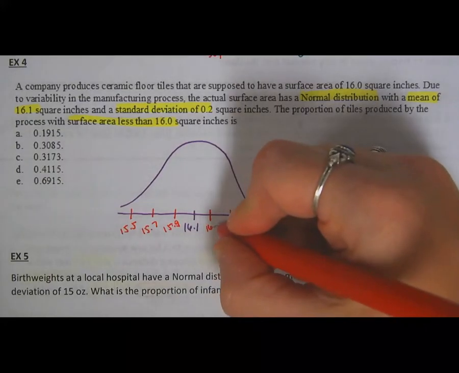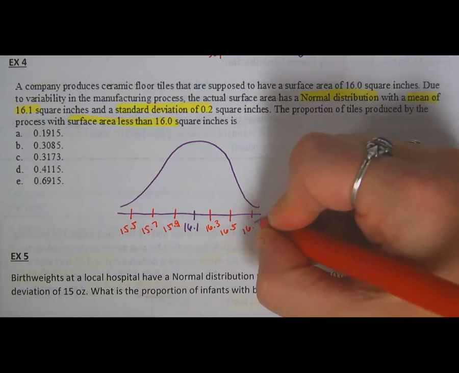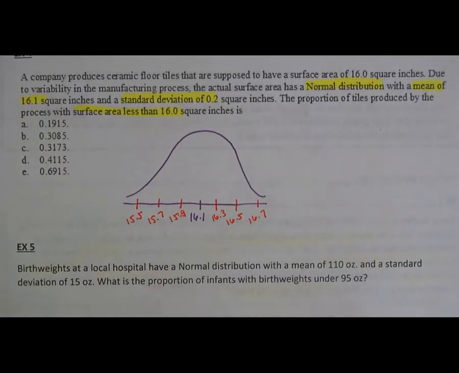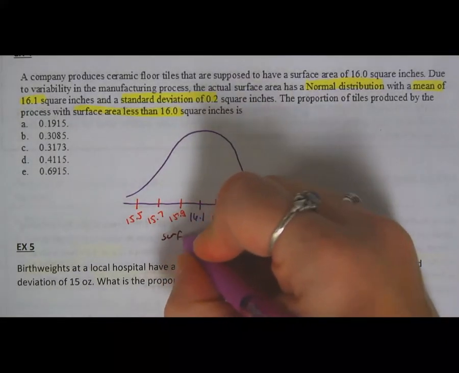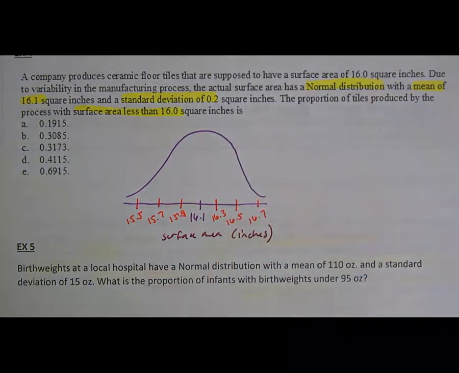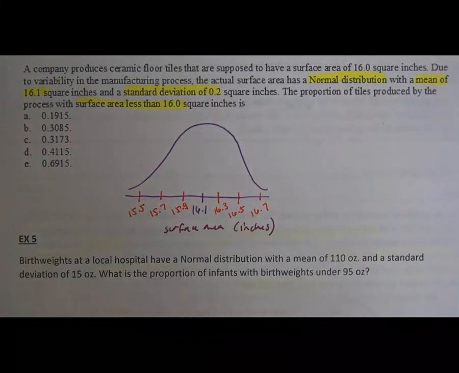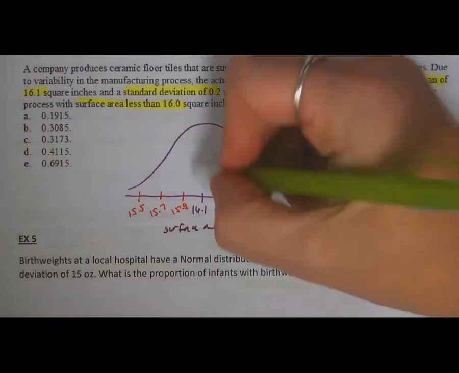Plus 0.2, plus 0.2, plus 0.2. Surface area in inches. Now, on a multiple choice question, do you have to do all of this? No, not if you're just a calculator whiz, but it's probably going to be helpful to avoid making a mistake. I want to know the proportion that are less than 16.0.